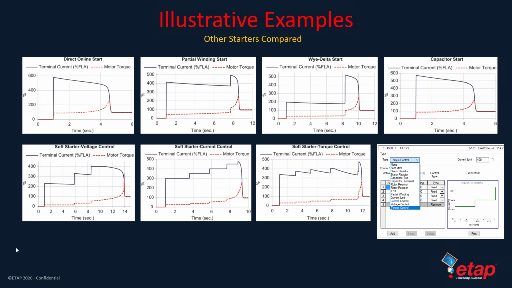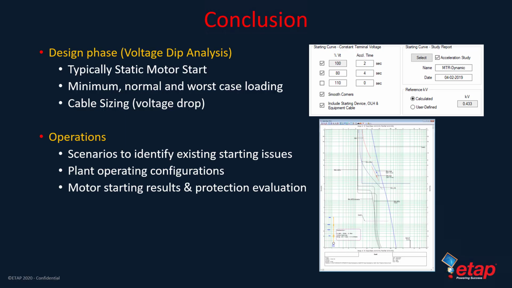So the dark solid line is the terminal current in percent of full load amps versus the motor torque in the dotted line. And you could see the comparison between the different starters. As I mentioned earlier, the motor starter is selected from the motor starting page and can be set by the user from here.